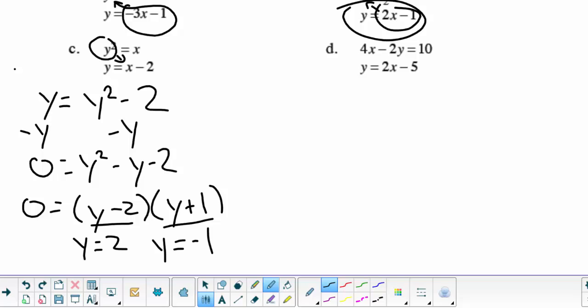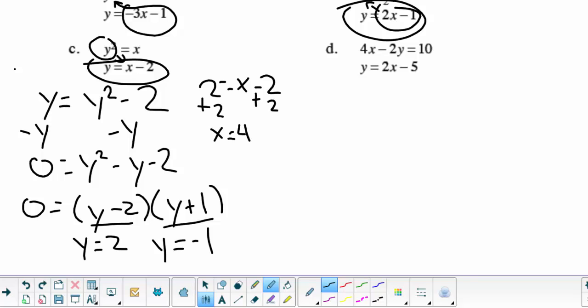So now we're going to figure out what our x values are. So I'm going to take that y equals 2 and plug it into this. So we'd say 2 equals x minus 2. So I could add 2 to both sides. And I get x equals 4. So I know our first solution here would be at positive 2, positive 4. So now let's do the negative 1.